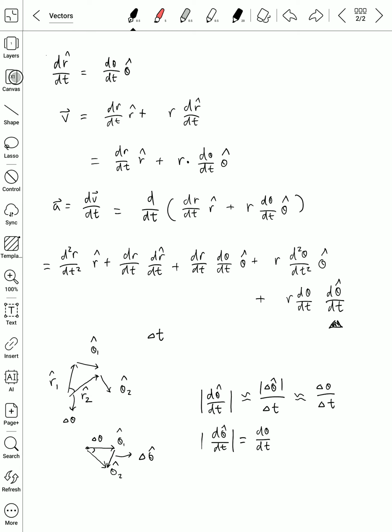As Δθ is smaller and smaller, these angles get bigger and bigger. And when Δθ equals 0, these two angles are in fact 90 degrees. And this means that the direction of dθ hat/dt points towards the center. So in fact, it has a direction of negative r hat. Therefore, we say dθ hat/dt equals dθ/dt times negative r hat.